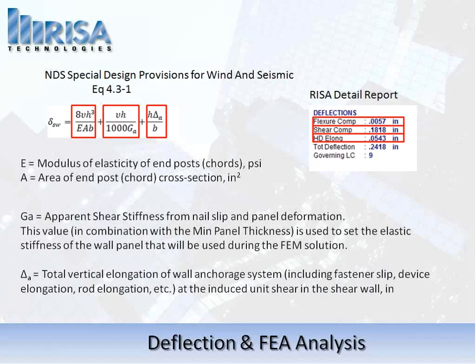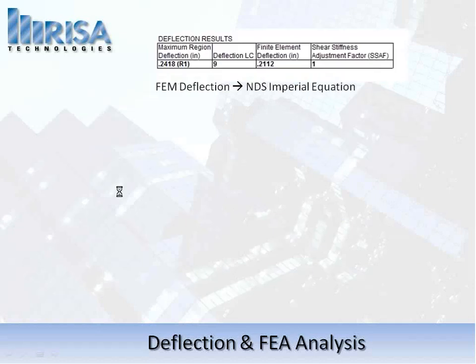Then you get a total deflection value listed here, and the governing load combination that yielded that, because there's a little v here for all the shear values we're using. So that's your basic NDS equation value. You're just plugging and playing on that equation. Now we also have a different number in here called the finite element deflection, and that's based on the stiffness of that wall.